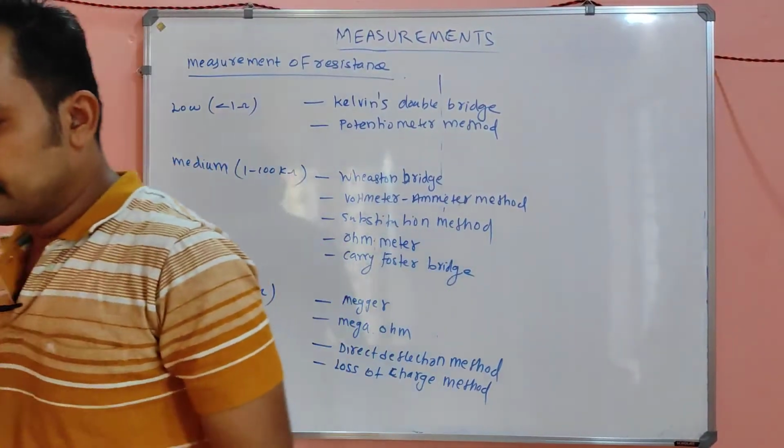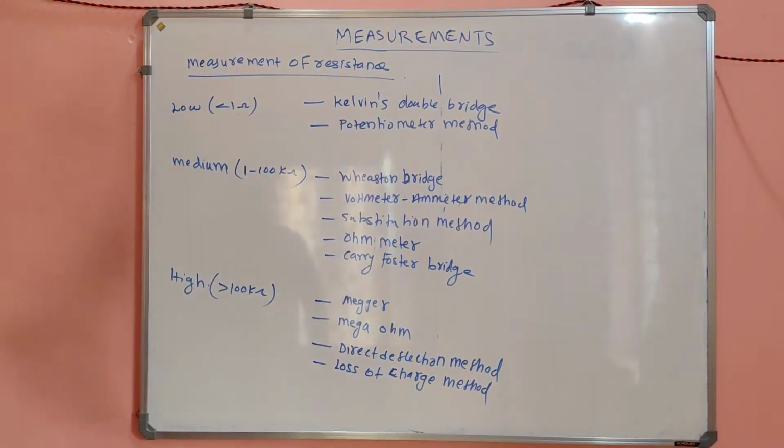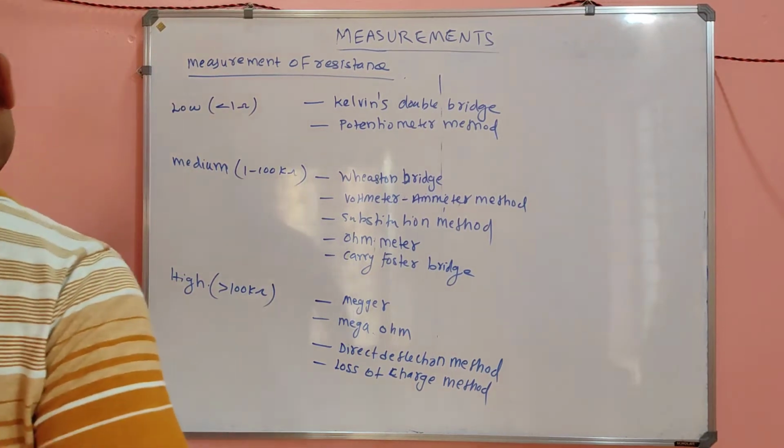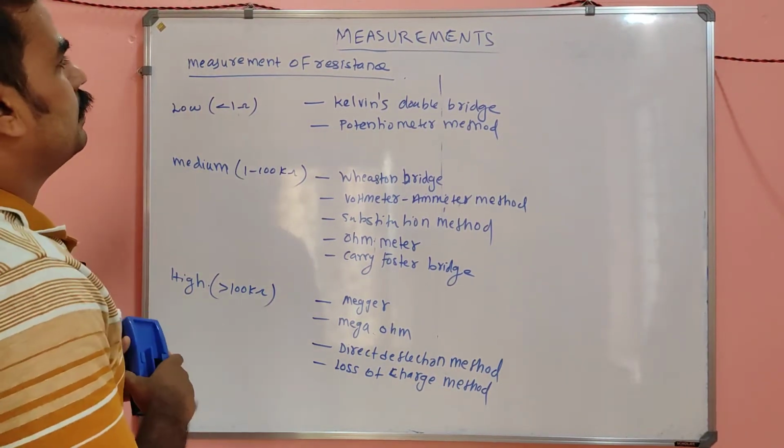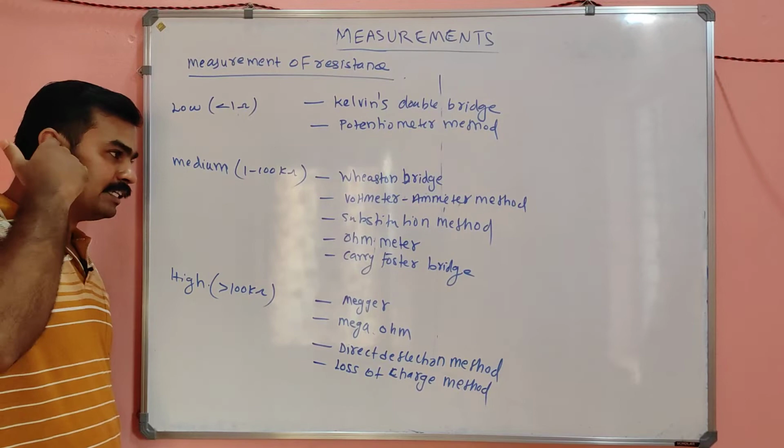Wheatstone, voltmeter-ammeter, substitution, ohmmeter, Carey Foster, megohm, direct deflection method, loss of charge method, etc. You will get one mark from this. So these are the resistance ranges and these are the bridges.